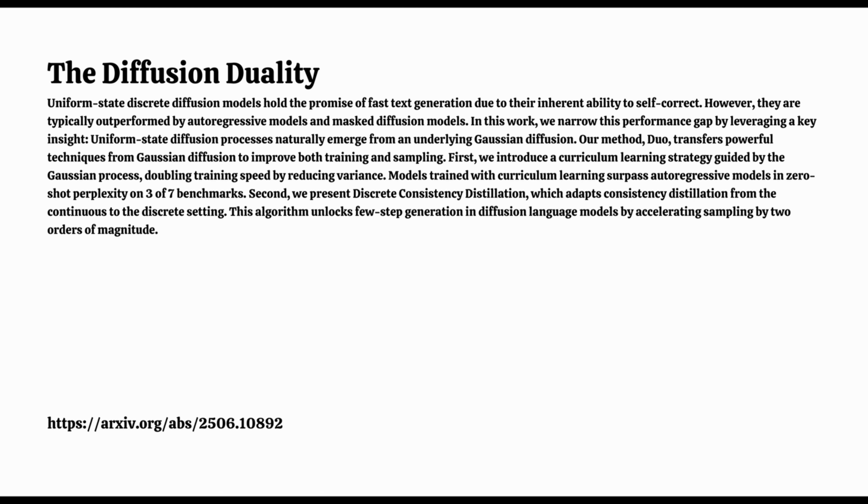And demonstrated really significant practical benefits, making USDM training twice as fast and more stable and slashing sampling time by, well, a couple orders of magnitude. Which really changes the game for these uniform state models. It makes them much more practical and competitive, particularly if you need very fast generation, where they seem to now outperform the masked discrete models. Absolutely. It revitalizes that class of models.